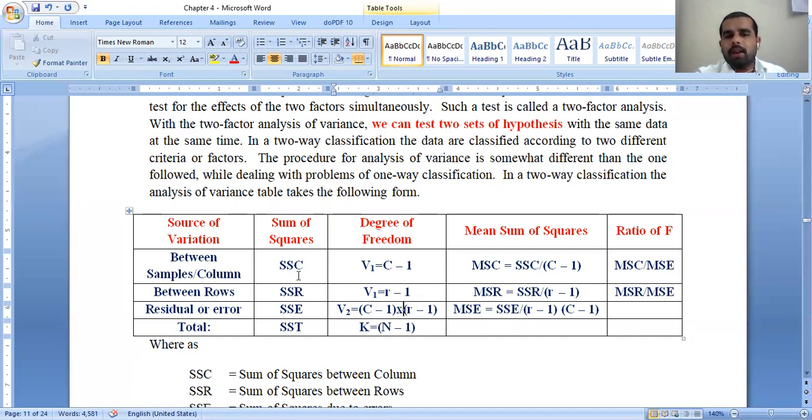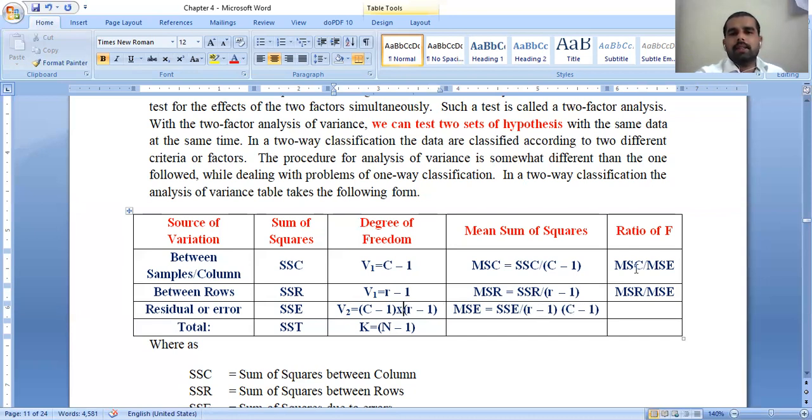These numerator values are divided by the denominator values. The next one, MSE is equal to SSE divided by R minus 1 into C minus 1.